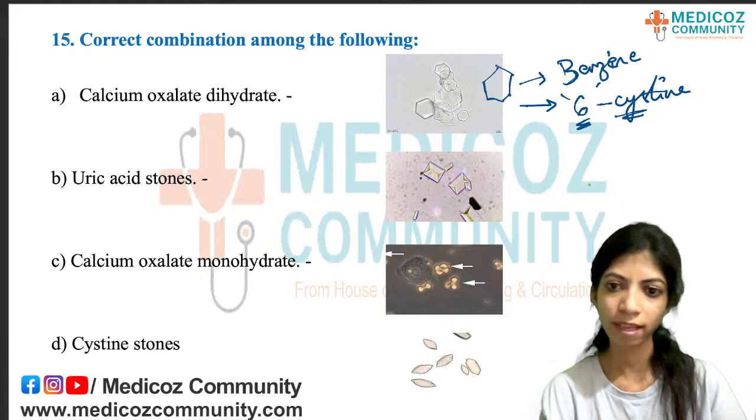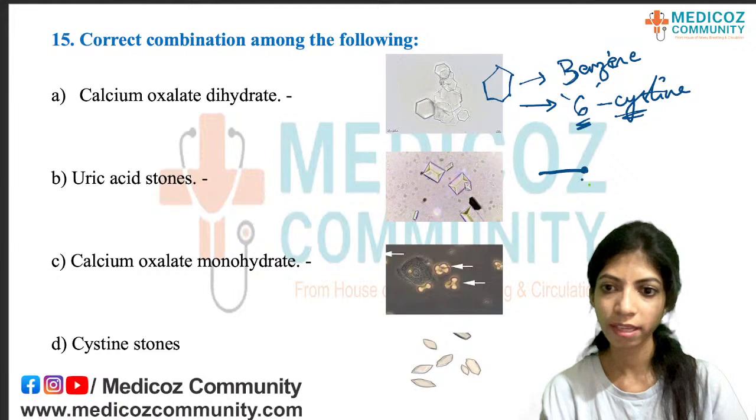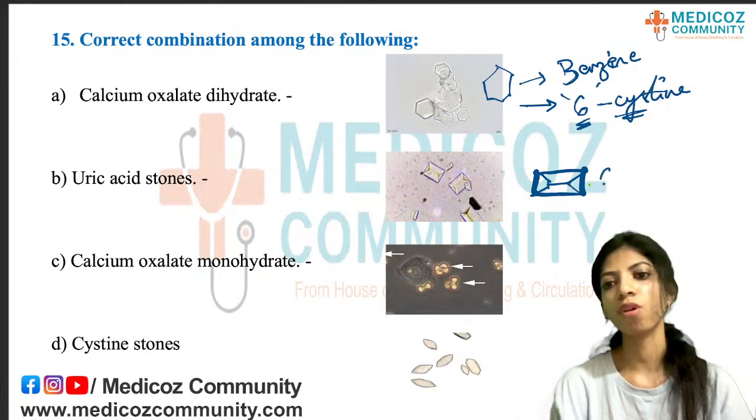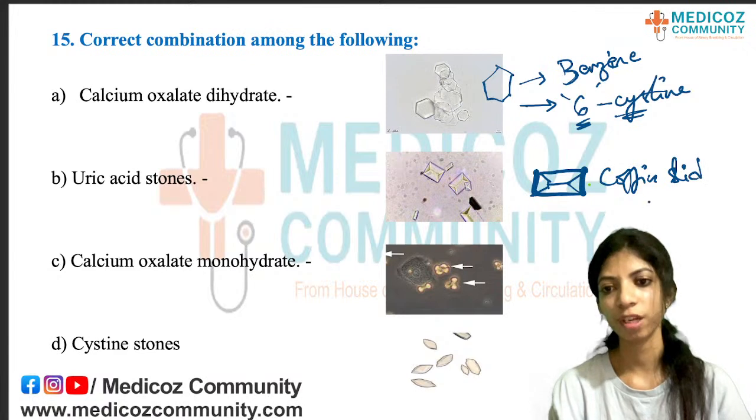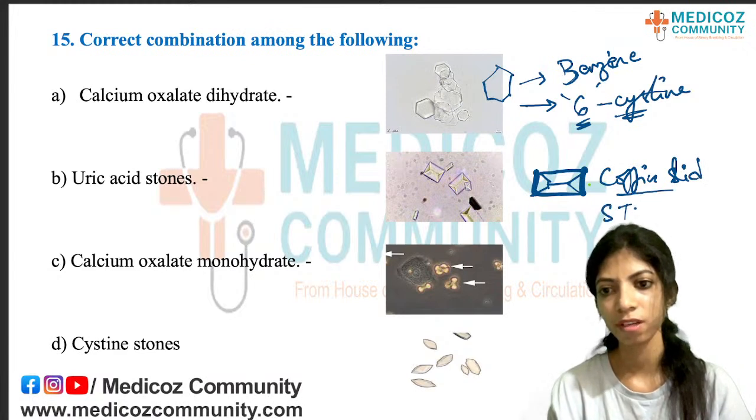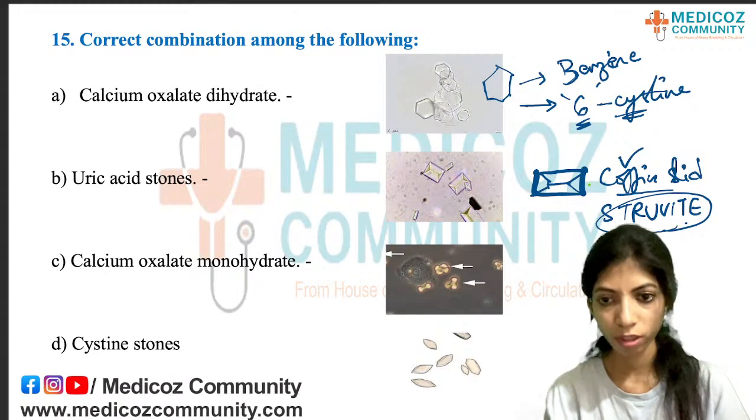And what is the second one? This is like a coffin. They use it for death, no? Like that. This is a coffin lid shaped stone, which is seen in case of struvite stones. Struvite stones are coffin lid shaped. And what is this third one?